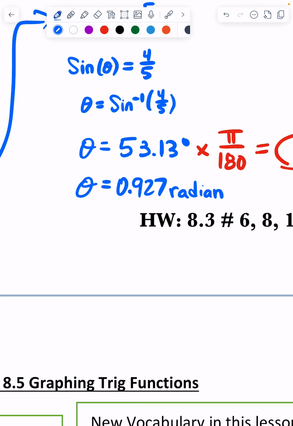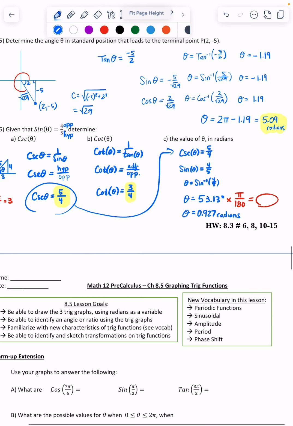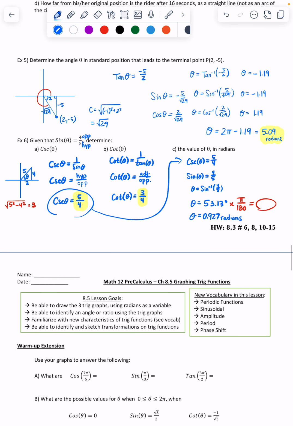If you remember the video, the very end of that video said 1 radian equals about 57 degrees. And so because we're a little bit less than 57 degrees, we should be a little bit less than 1 radian. And that, in my mind, works out fairly nicely. And that's how you answer example number 6 there. So cool, hope that works out.